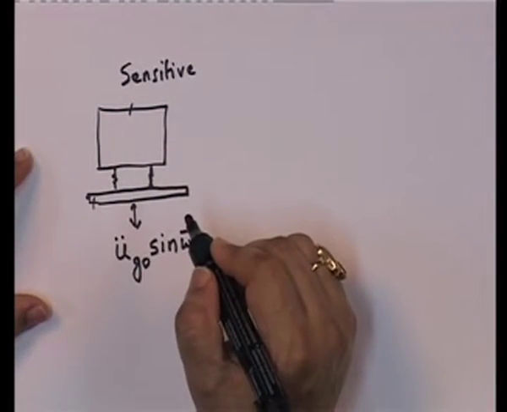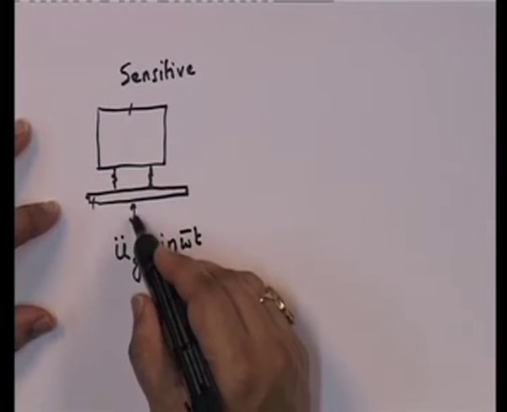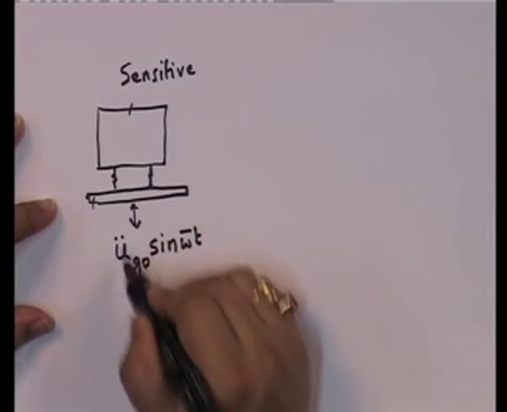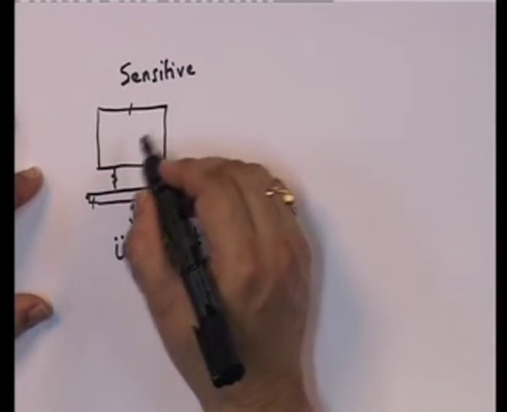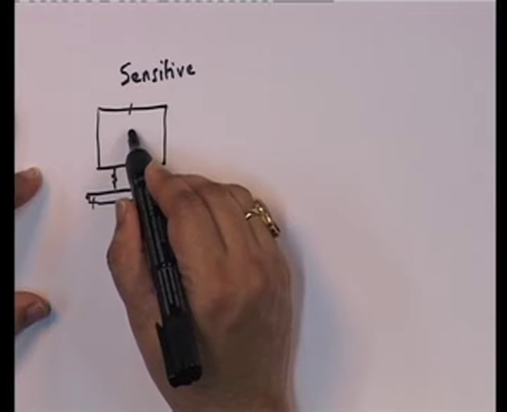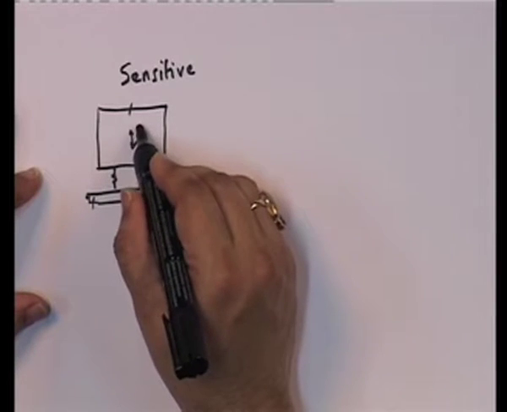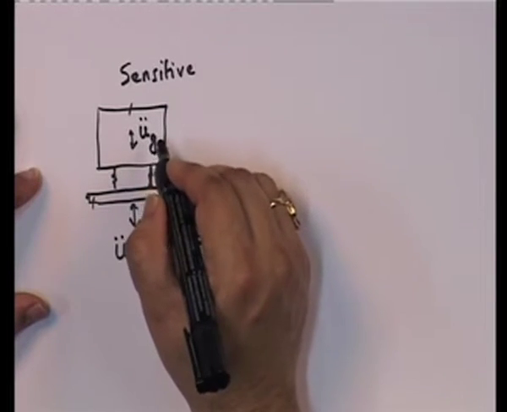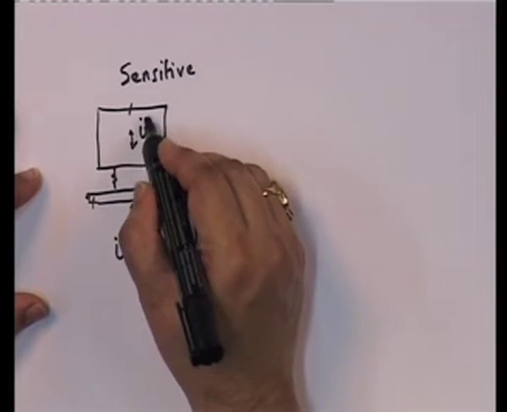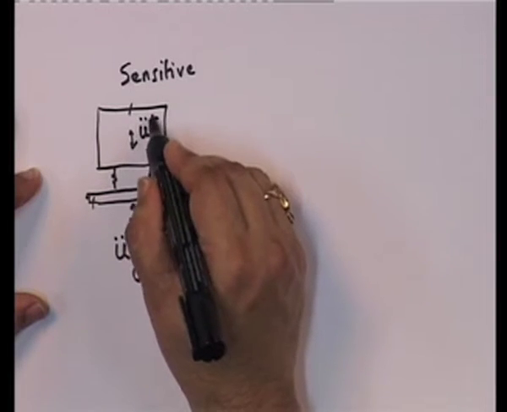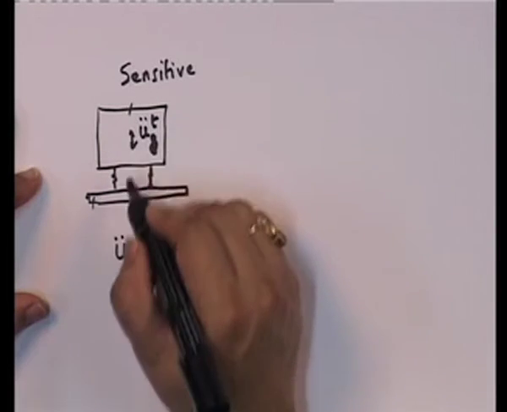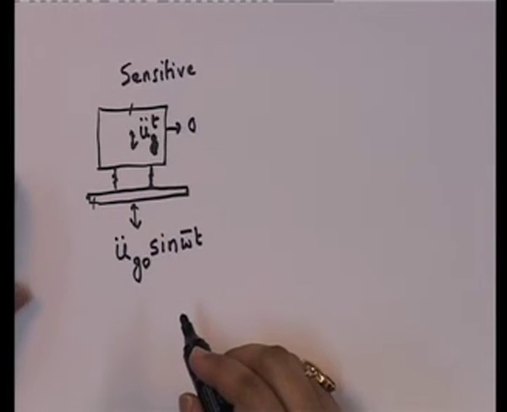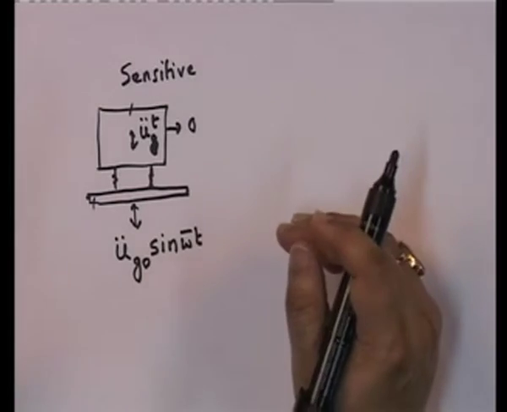What we want is that we do not want to transmit this to this sensitive equipment. In other words, the total acceleration that this sees should tend to 0. Okay? That is my problem.